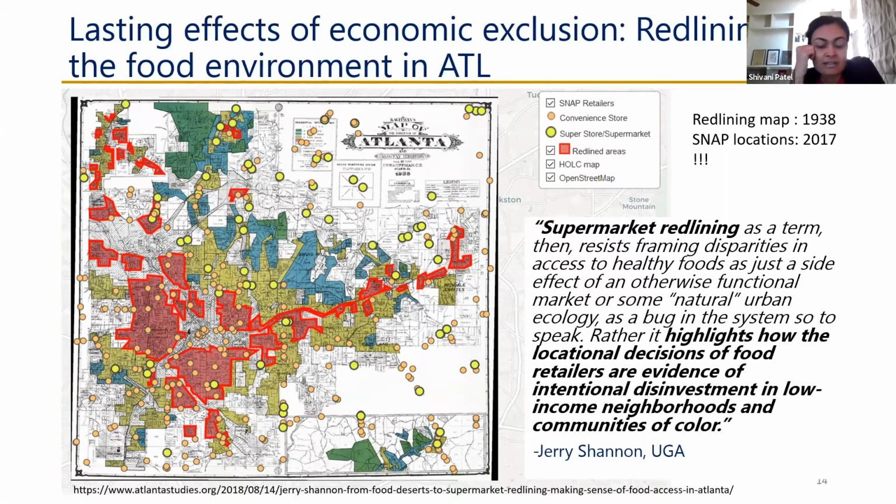Rather, it highlights how the locational decisions of food retailers are evidence of intentional disinvestment in low-income neighborhoods and communities of color. And again, I just think this is such a powerful graphic to show how these historical factors, these economic and political factors, still play into the health of Americans today, and especially minorities and Black Americans today.